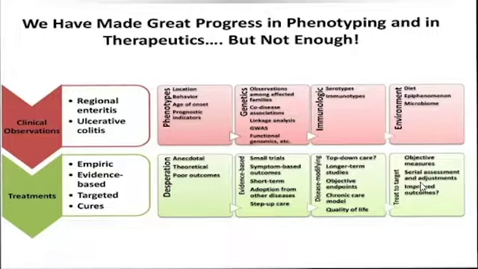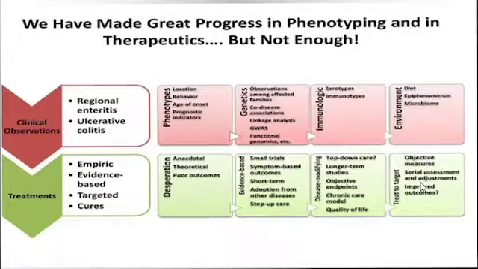We know the disease has a poor outcome. So initially, we based our medication and treatment on small trials and short outcomes, and we adopted our management and medication from other diseases like rheumatology or psoriasis.